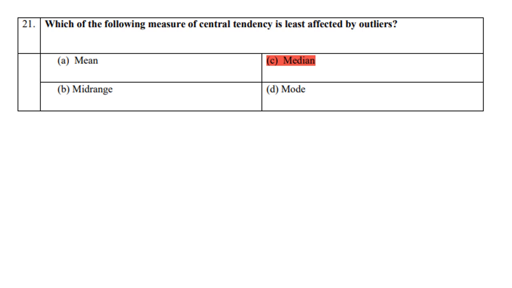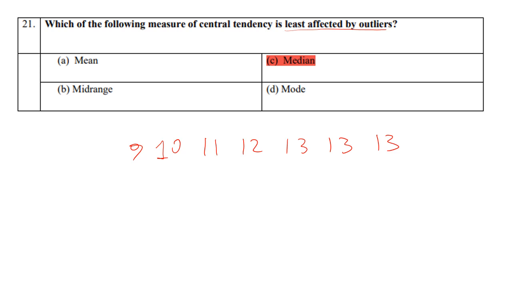Which of the following measures of central tendency is least affected by outliers? In order to see this, you can make an experiment. Take an example: let's say we have numbers like 10, 11, 12, 13, 13, and 13, and let's say here 9.